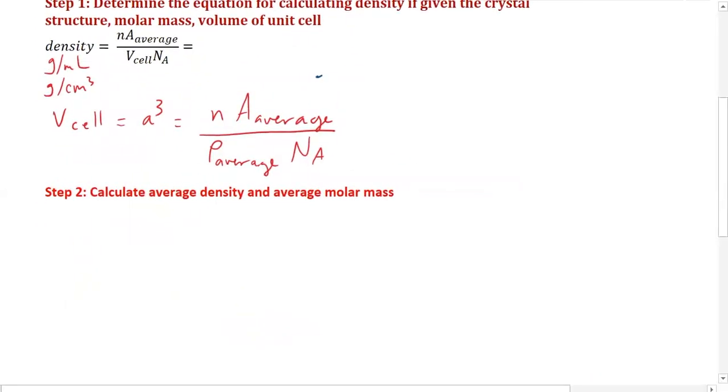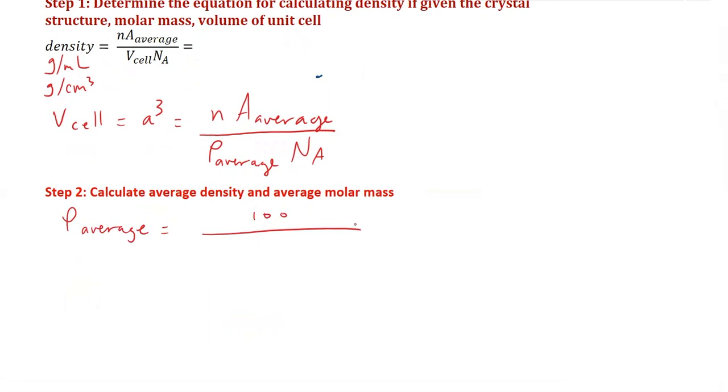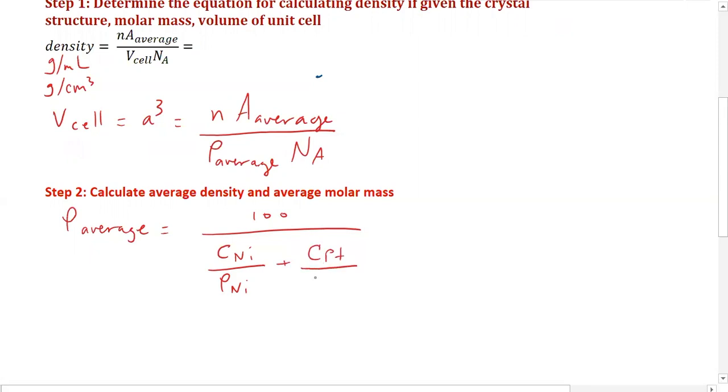So, in order to calculate the average density, we can use this relationship in which the average density is 100 divided by the weight percent of component 1, or nickel, divided by the density of component 1, which is nickel, plus the weight percent of platinum divided by the density of platinum.